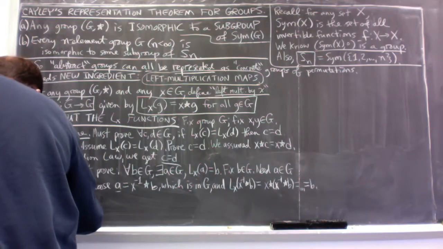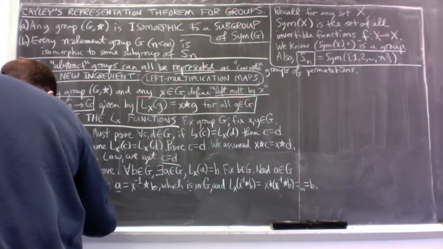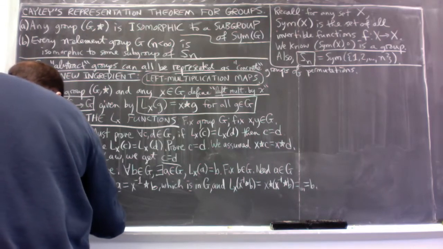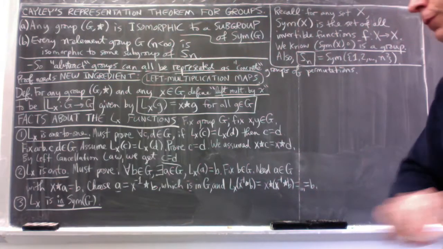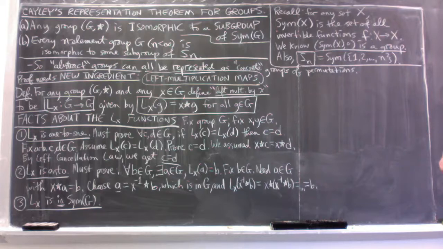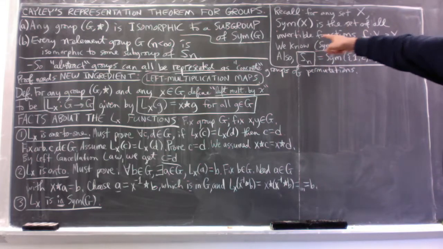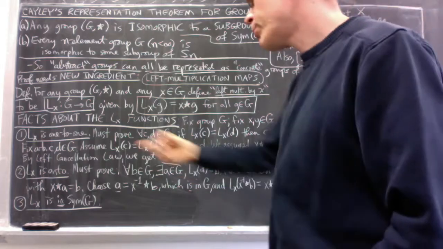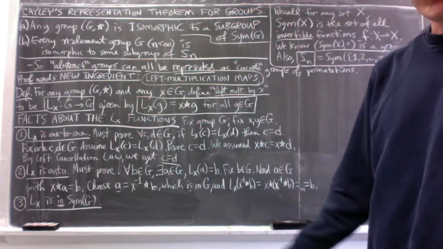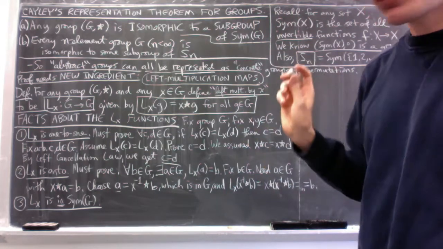And so the main reason I wanted that is to say that this function is actually in the group Sym of G. It's not just a function from G to G, it's an invertible function. That's the definition of Sym of G. And we know by theorem that the function is invertible if and only if it's one-to-one and onto.